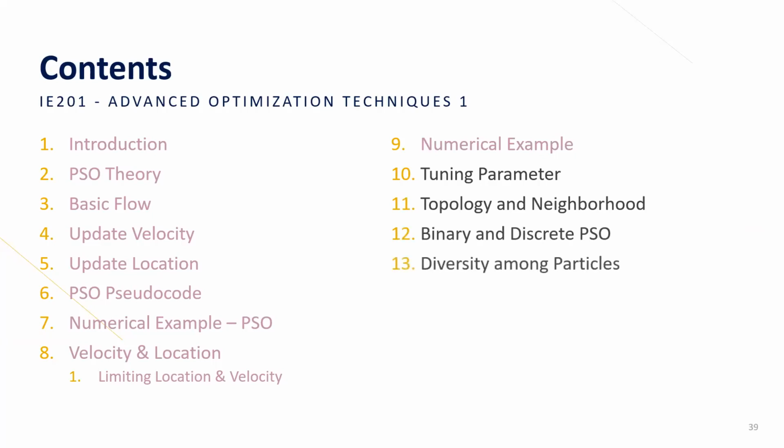second part, we will cover a little bit more discussion related to how we select the parameters for PSO. Because if you remember, there are several parameters that need to be set before you're able to use particle swarm optimization.